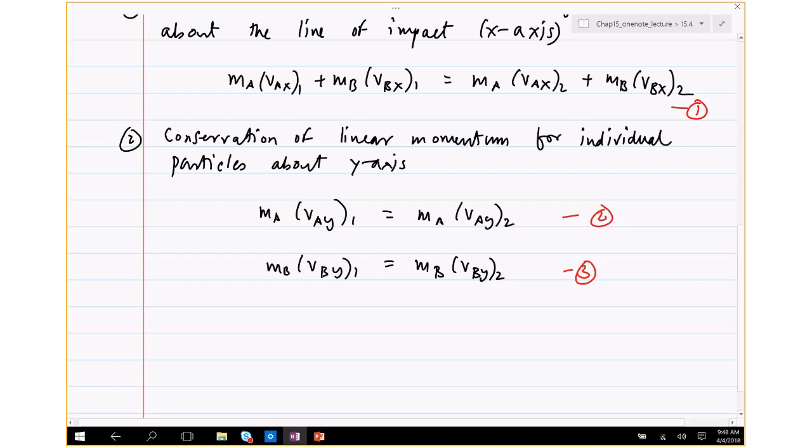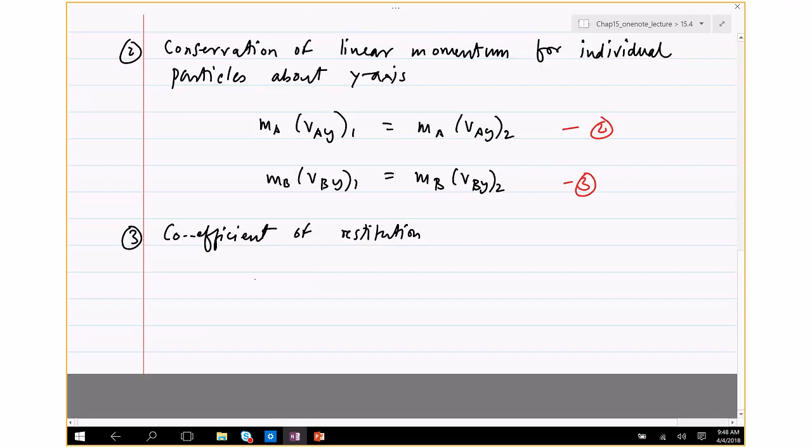The last one comes from the coefficient of restitution, which says, I'm going to write it my way, minus e equals velocity of separation over velocity of approach, and this is only true in the x direction: v_Bx after minus v_Ax after, over v_Bx before minus v_Ax before.